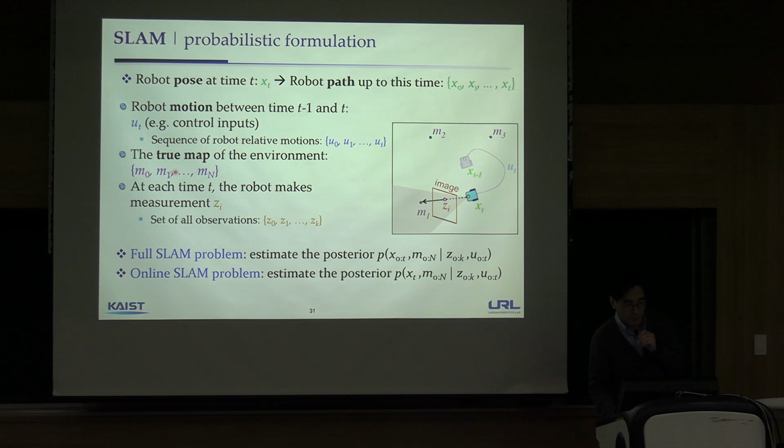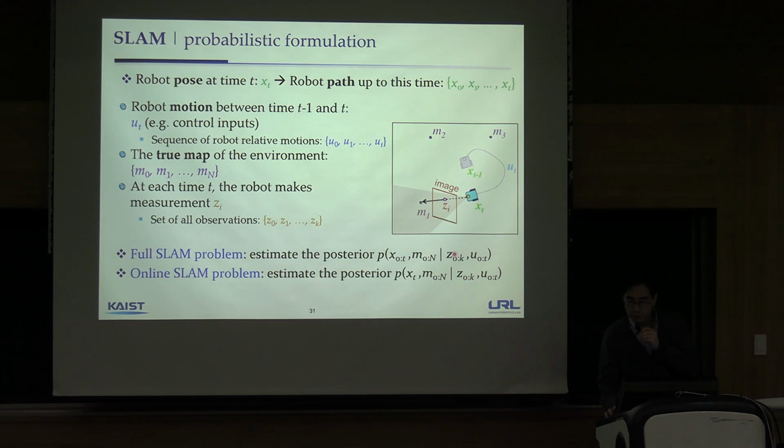So this is the landmark information, and using the set of all observations from Z_0 to Z_K, we want to estimate the position of the robot and the landmark information from the environment.